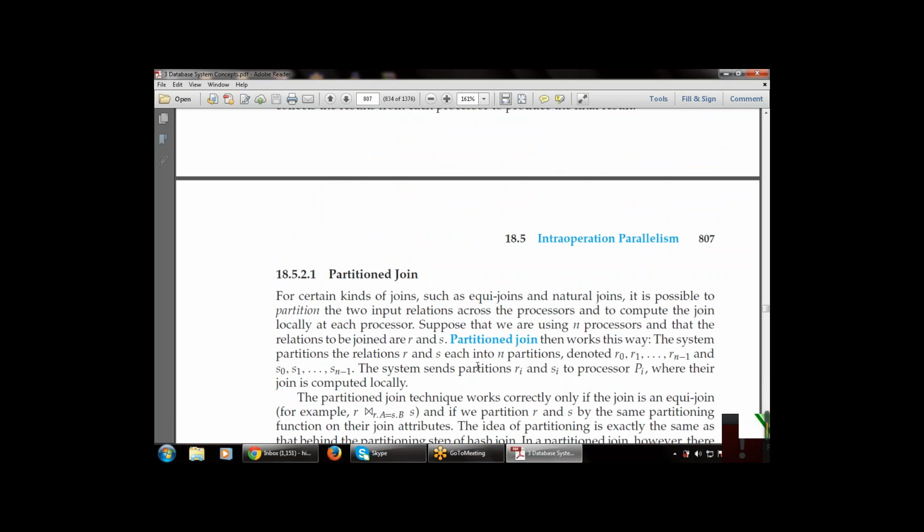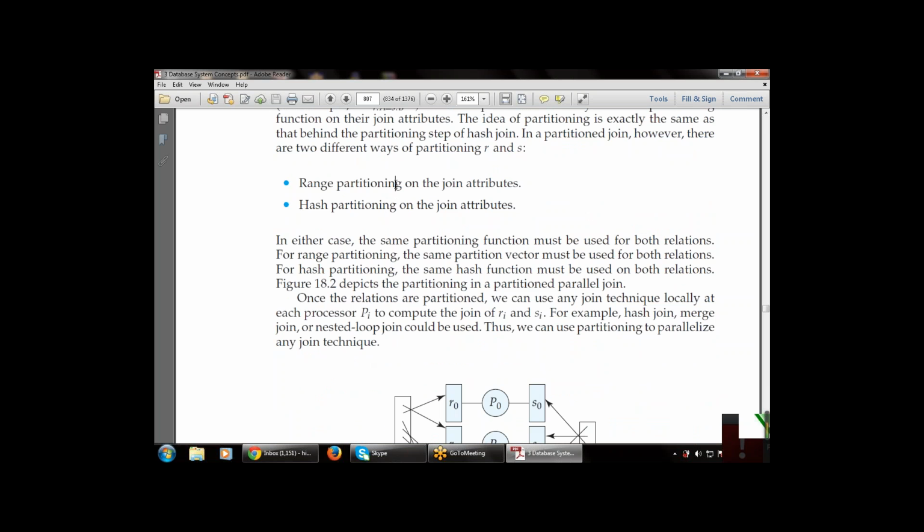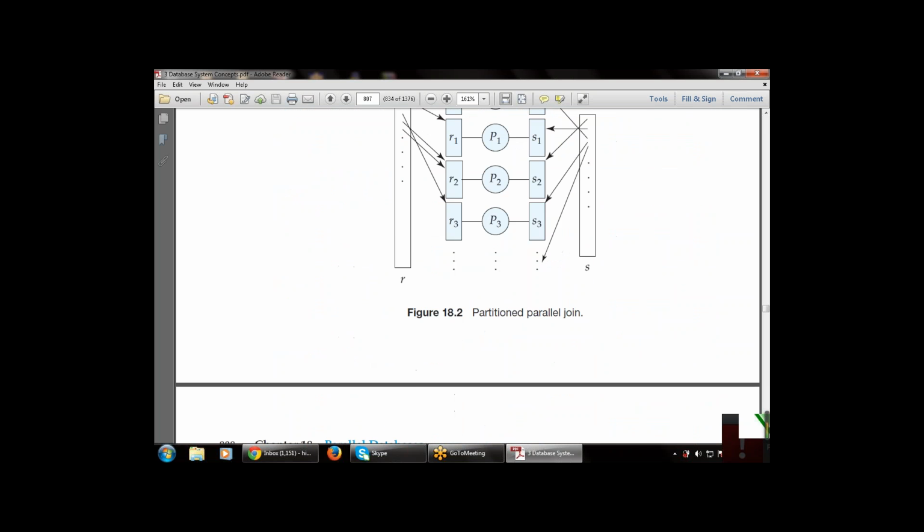The system sends the partitions Ri and Si to processor Pi, where they can be joined locally. The partitioning techniques work correctly only if the join is an equi-join, in which case partitioning works efficiently.